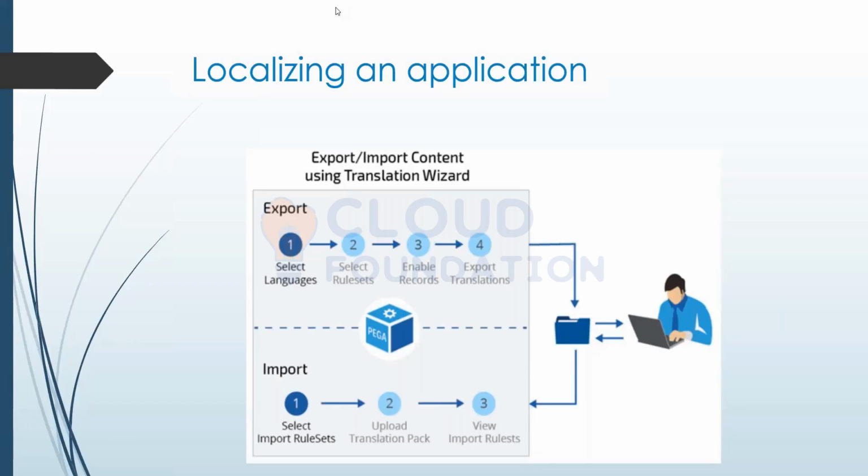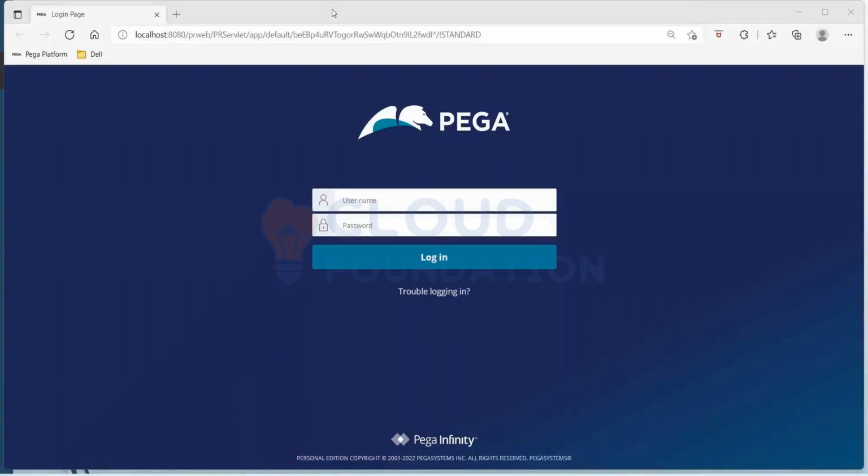Let's see this in a step-by-step process. I think we'll directly move into the dev environment. We'll see how this is taken care of. But before localizing, I'll add in some entities, some instructions or some paragraphs and all.